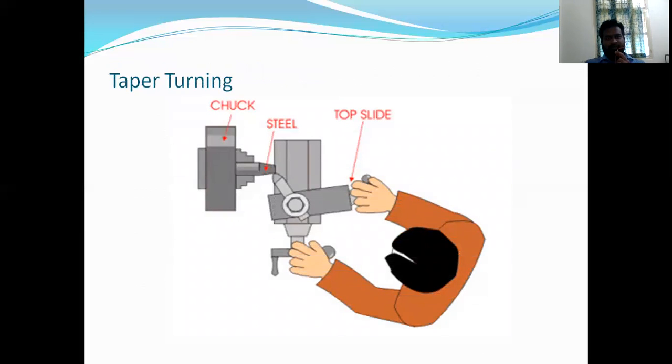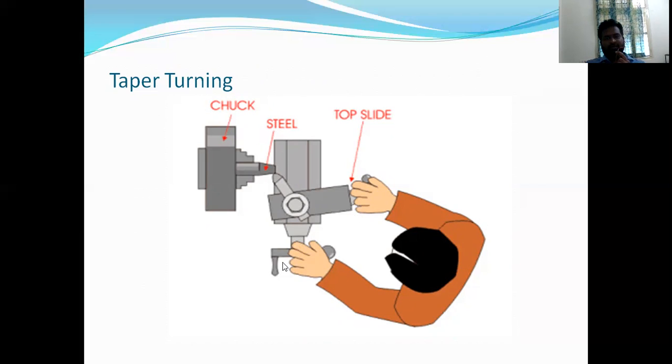By top view, we are observing the swivelling compound rest method. This is our compound rest. Here we fix our cutting tool with some inclination. After giving the depth of cut from here, we rotate this wheel to move the cutting tool.